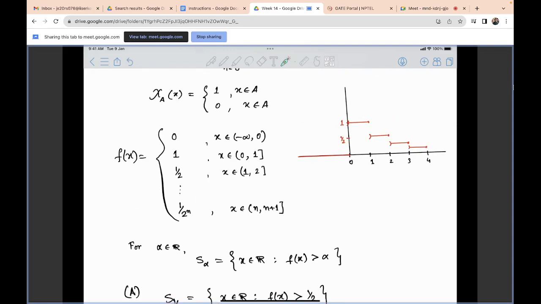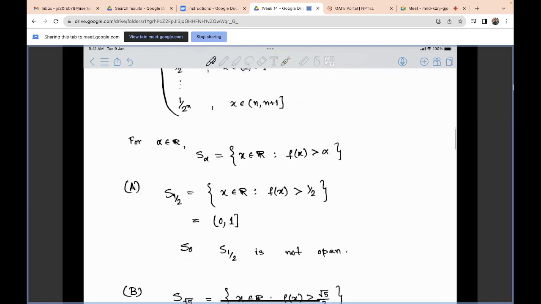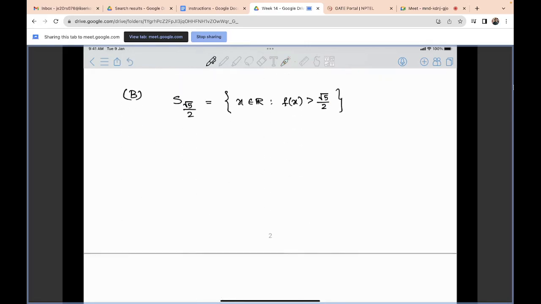But there is no point where f takes a value bigger than 1, because all the values are at most 1. So this set is empty, and we know the empty set is measurable.